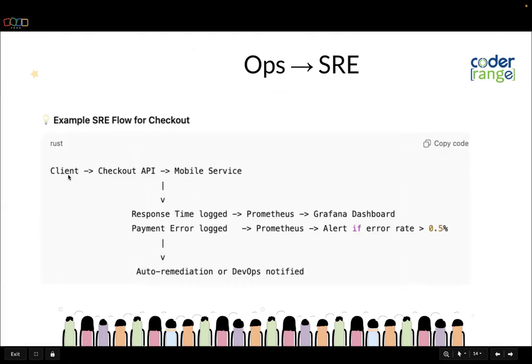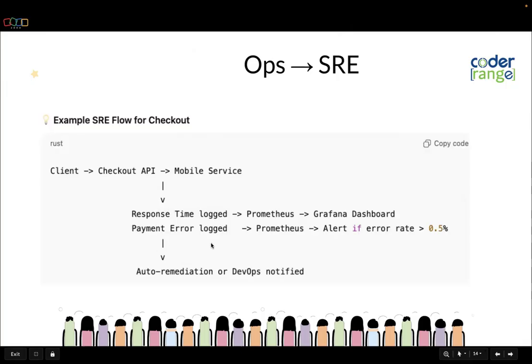Suppose a user or customer is clicking on the checkout API, it will call the mobile service. When that service logs in, we try to implement SRE. How? What was the response time when he logged in, how much time it took to get the response from that API, and if there is any error, we log that error also, like payment error.